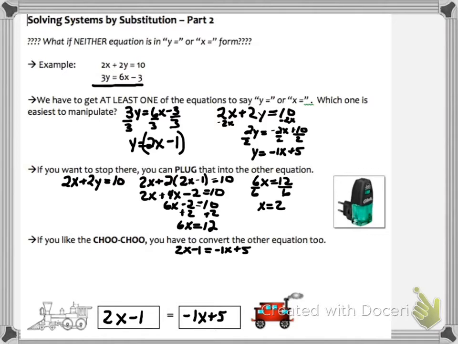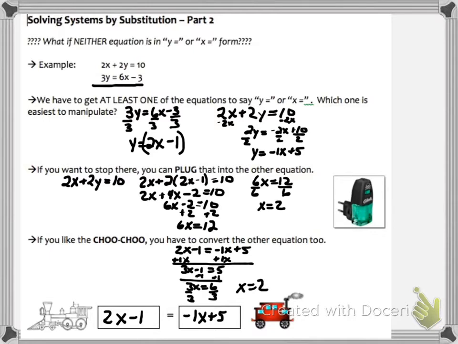And I'm going to add 1x and add 1x, and I'll get 3x minus 1 equals 5, add 1, and we get 3x equals 6, divide by 3, and once again we get x equals 2.